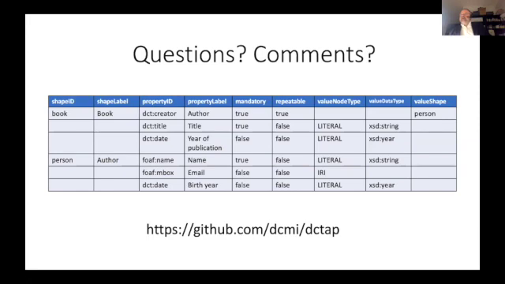Okay, so I see more questions coming in. Can we see the DC TAP as formalizing the structure of a data model in the sense that all properties will have to conform to the 12 elements, which will allow for easy exchange of data and validation? I can take that.